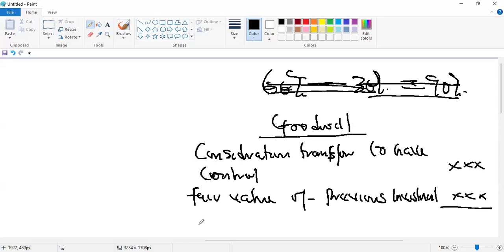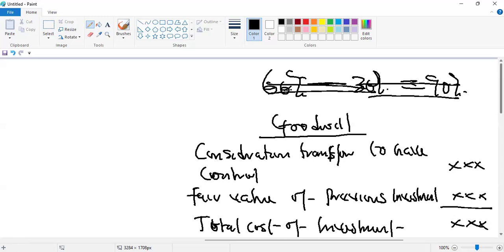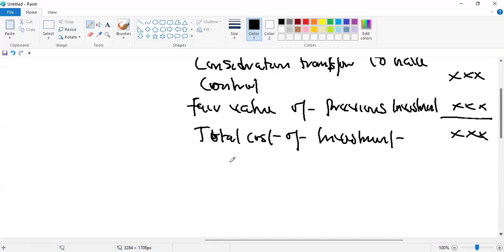This will now give you the total cost of investment for the goodwill calculation. I will now add NCI to give me the purchase consideration.